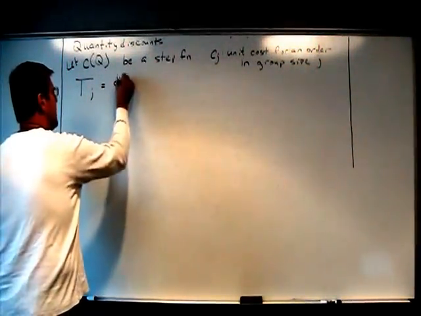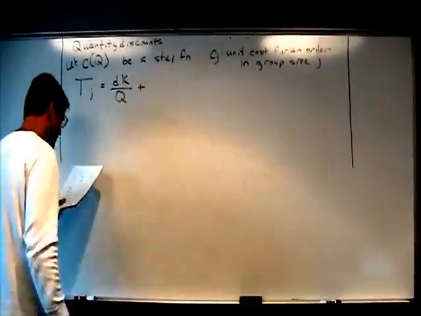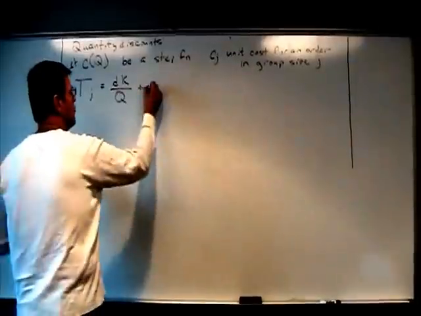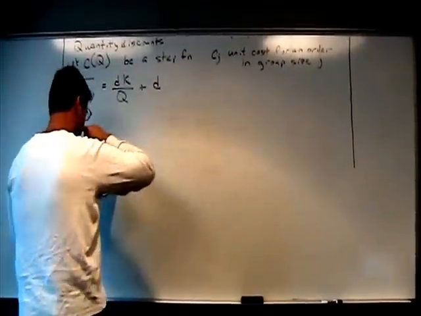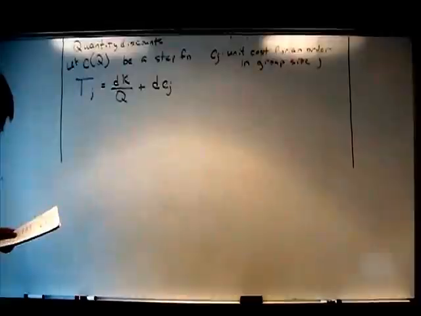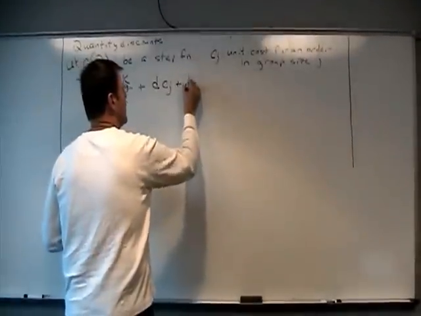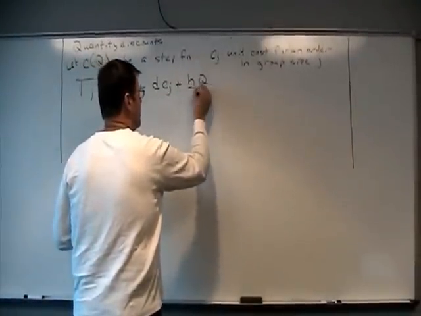If you go back to our original EOQ model, we had D times K divided by Q plus, in the middle, we originally had D times C, but in this case it's going to be D times C sub j, corresponding to the appropriate unit cost, plus H times Q over 2.